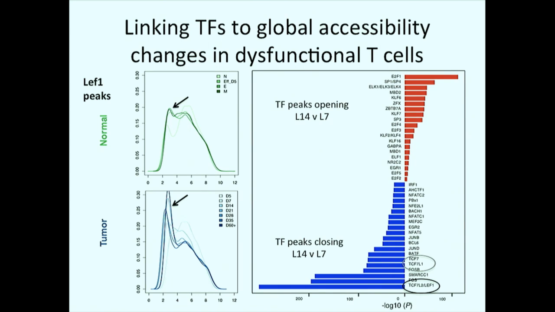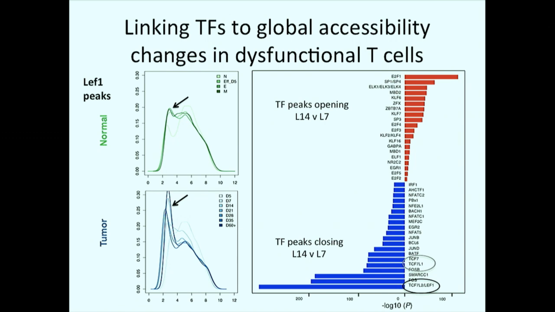Later, as we go from what we think coincides in time with plastic dysfunction to fixed dysfunction, day 7 to day 14, other things are happening. For example, LEF1, this transcription factor I told you about before: if you look in the tumor, late in the tumor there's a collapse of the LEF1 program.